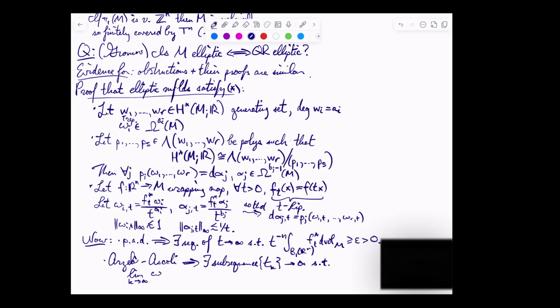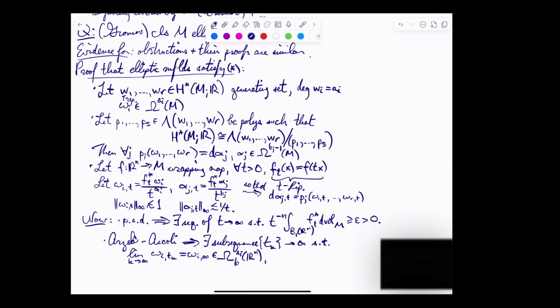So where does this limit live? It's an L infinity limit, and it lives in flat differential forms. This is roughly forms that are L infinity with L infinity differential. And since these are all closed forms, the L infinity differential comes for free in our case.